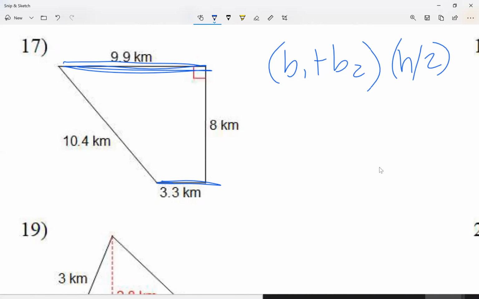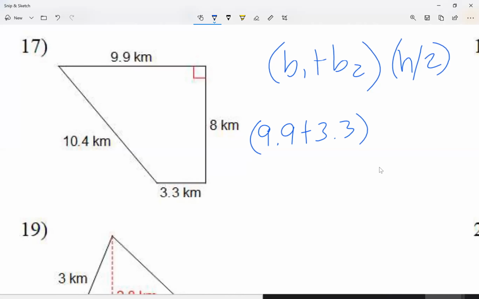So looking at question number 17, my first parentheses, I'm gonna go 9.9 plus 3.3. We go back in the lectures from yesterday, I said that when you cut it in half, it makes a parallelogram. Remember we talked about that yesterday. So remember, the first parentheses, I add the bases.